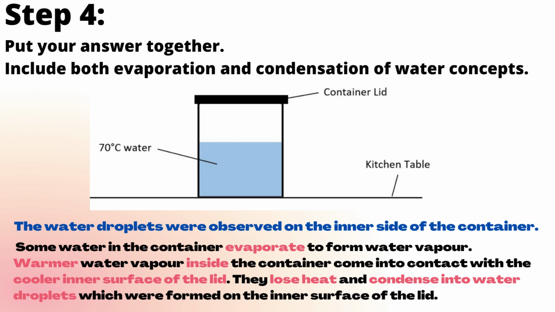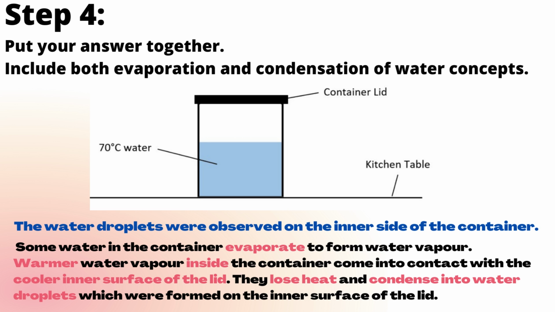So when it loses heat, it must come into contact with a cooler surface. If the surface is of the same temperature, it will not condense. So there must be a contrast in the temperature. That's why we have to use words like warmer water vapor and cooler inner surface of the lid.